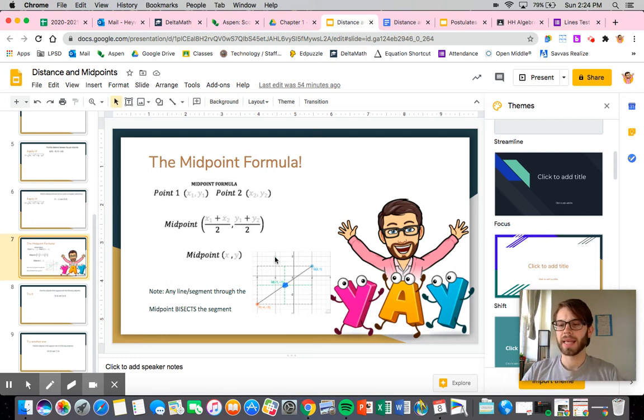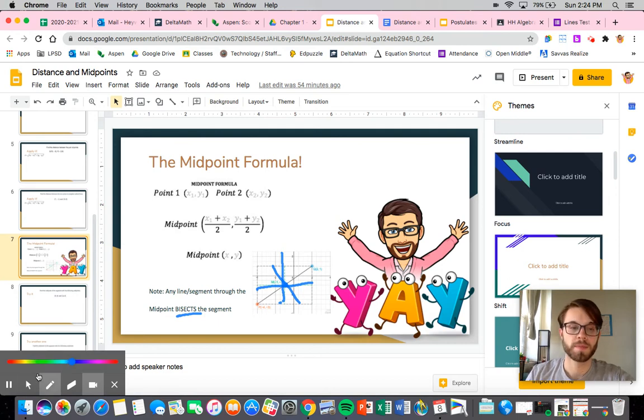So any line or segment that goes through the midpoint of another is called a bisector. So it bisects the segment. Those are going to be really helpful later on when we're dealing with some perpendicular line applications. But ultimately, finding bisectors can be really useful because you want to find things that go through the middle.